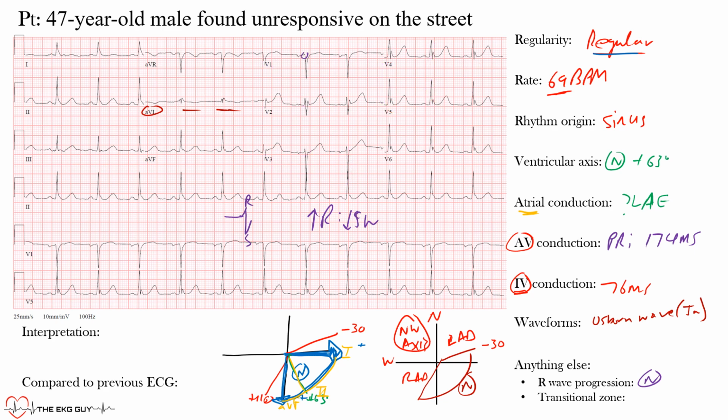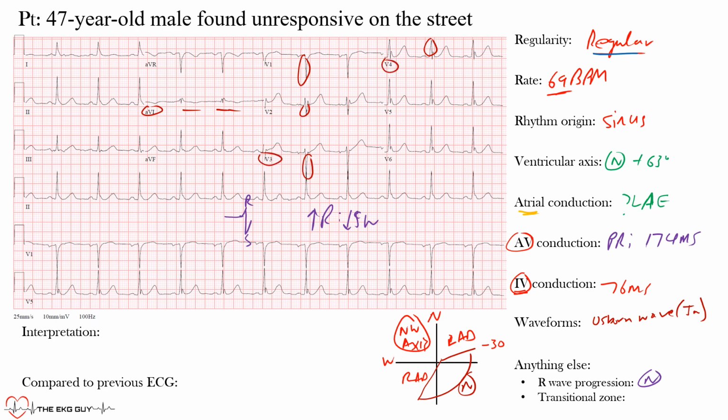So this is where we're going from mostly negative, you can see it's negative, mostly negative, and then positive. So normal transition is between V3 and V4, going from mostly negative to mostly positive, and it's normal here. So that's a normal transitional zone in the precordial leads.